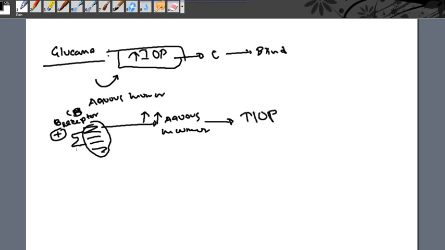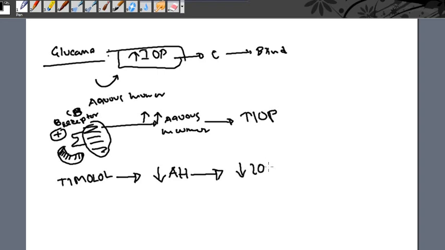So a beta blocker like, for example, timolol, which you have to remember, blocks this beta receptor in the ciliary body. When timolol blocks this receptor, it reduces the formation of aqueous humor, and this leads to reduction in intraocular pressure. So beta blocker is helpful in glaucoma.